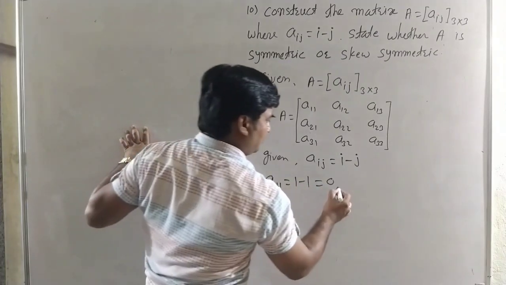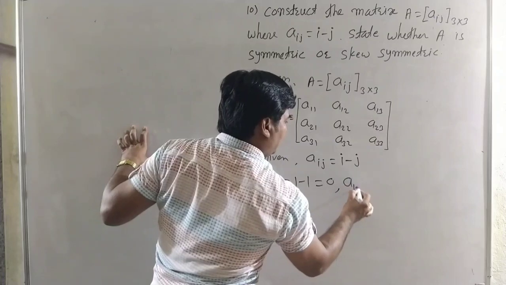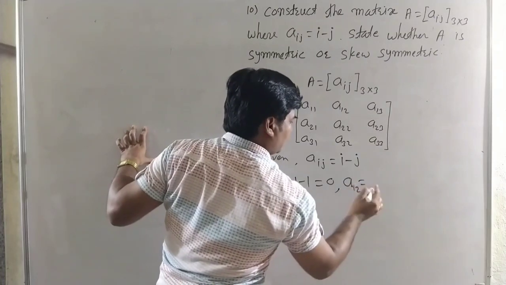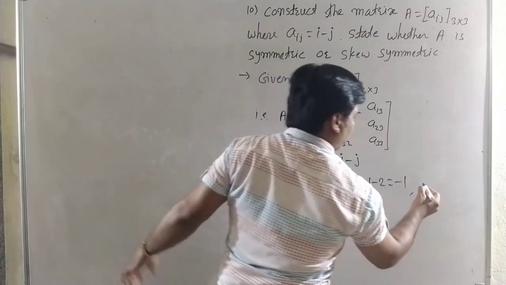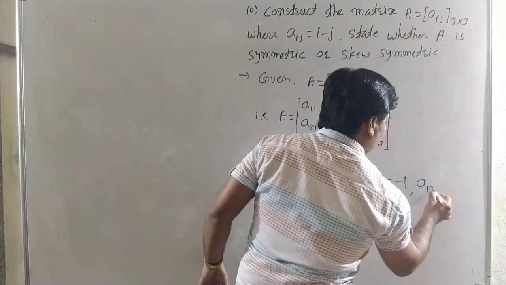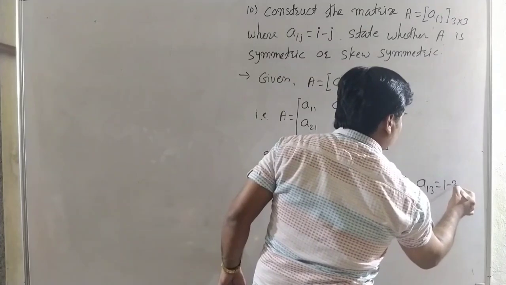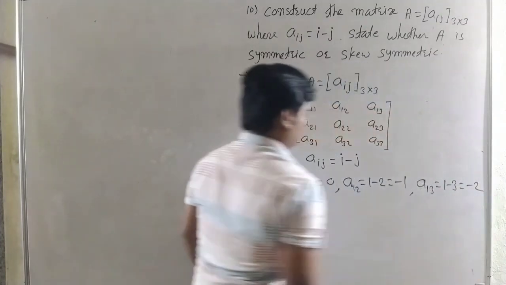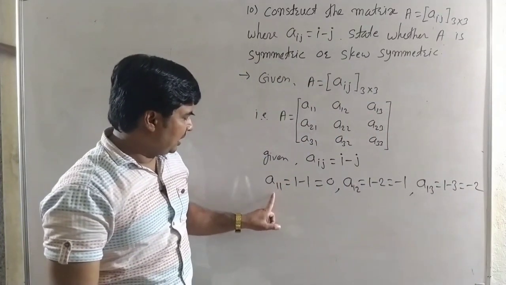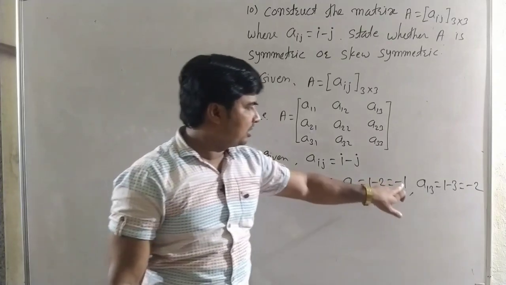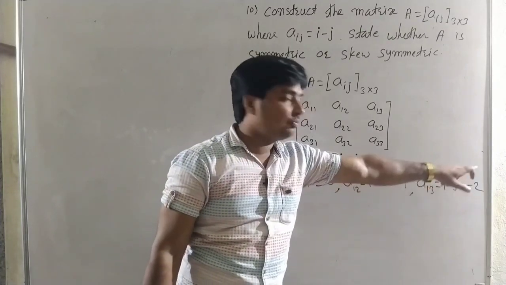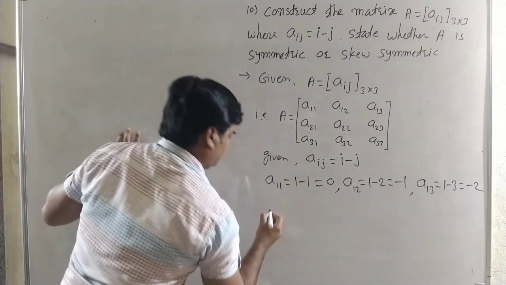It is the first element. a12 is 1 minus 2, it is minus 1. And a13 is 1 minus 3, that is minus 2. These are the 3 elements: a11 is 0, a12 is minus 1, and a13 is minus 2.